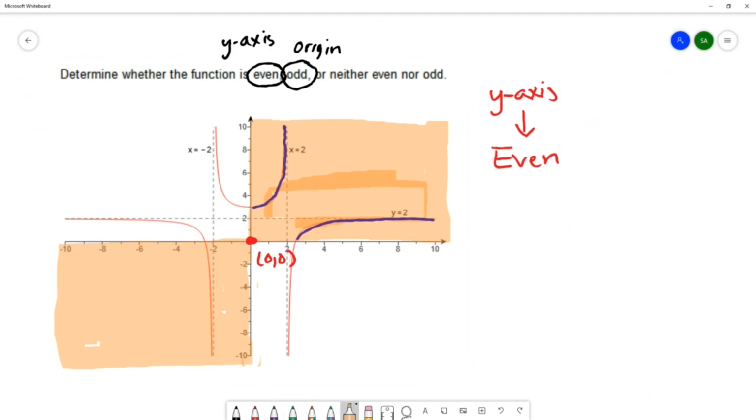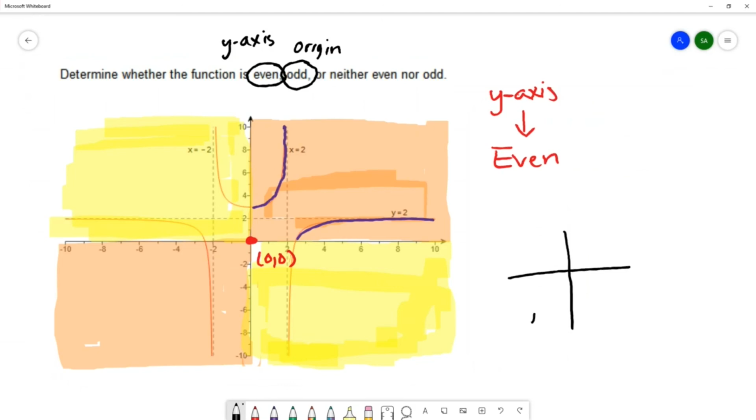You would also have a mirror image in quadrant 2, which I'm trying to highlight. This is quadrant 2, and then quadrant 4. So when you have origin symmetry, you would have a mirror image in those opposite quadrants. So let me give you a quick picture of something that has origin symmetry.